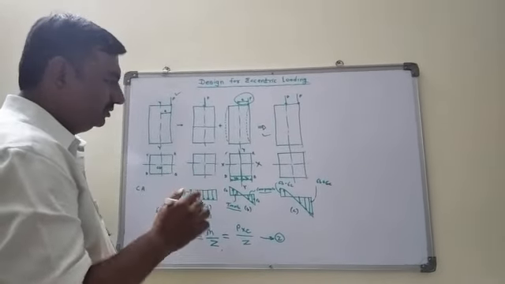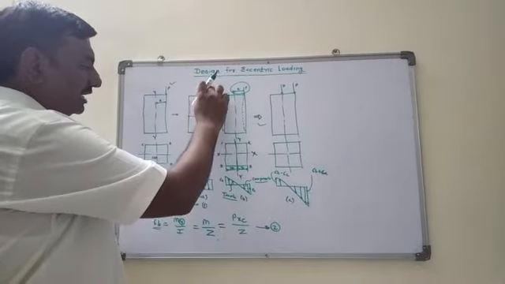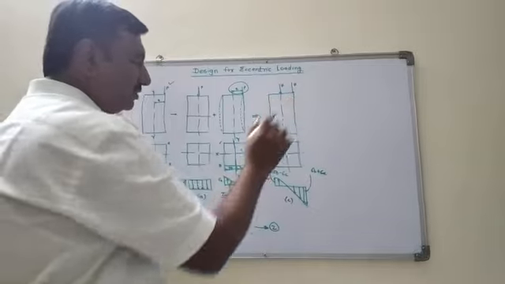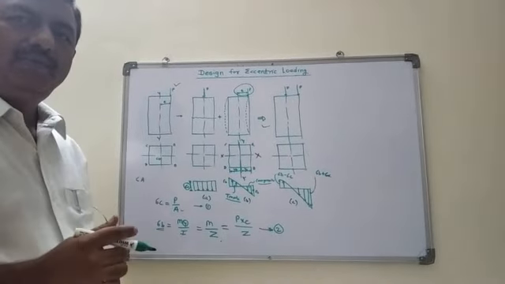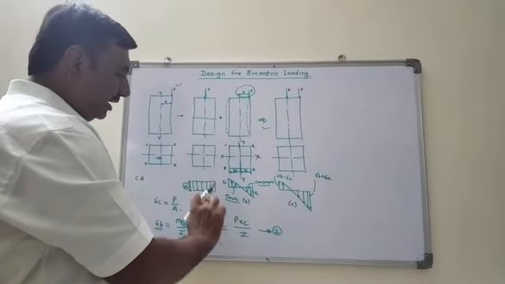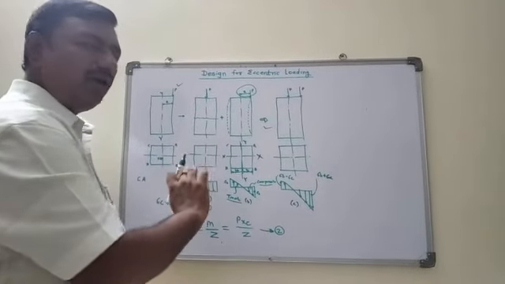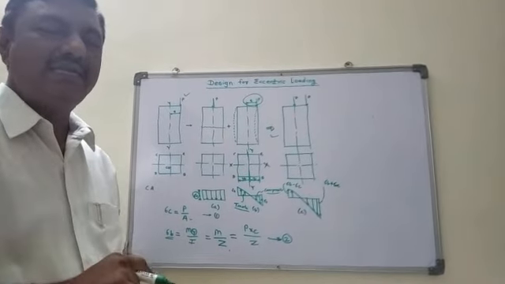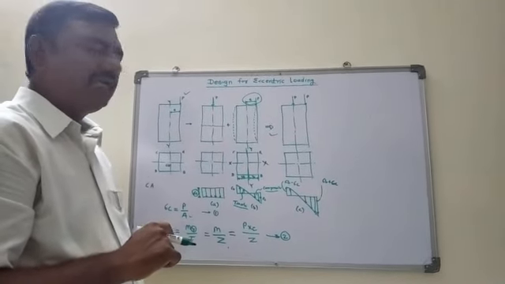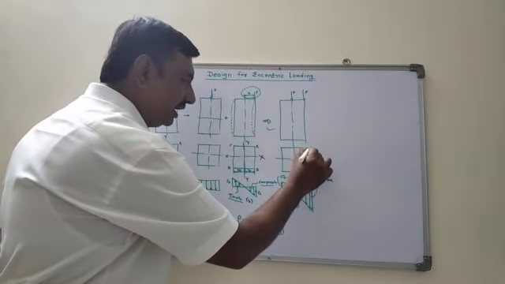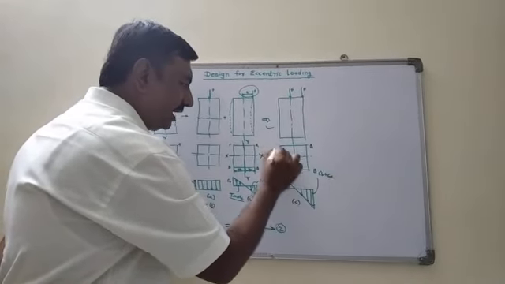Now, after getting figure A and figure B, we'll go for figure C, where we consider the superimposing effect of A and B, or we overlap A and B, so that the net stress or resultant stress can be calculated at the two extreme sides, AB and CD.